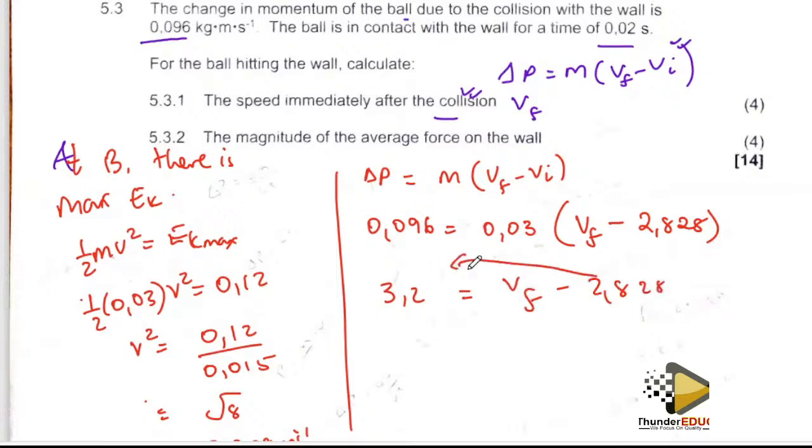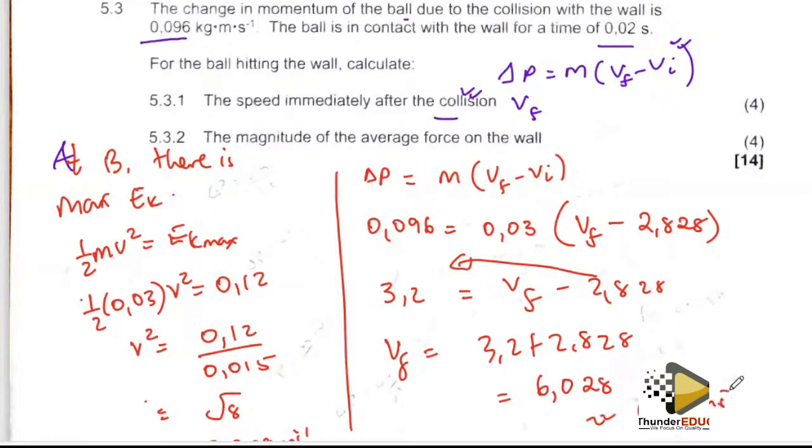Then I need to move this to that side, so that will be a plus. So 3.2 plus 2.828 is giving me 6.028. So I can round this off to 6.03 meters per second.